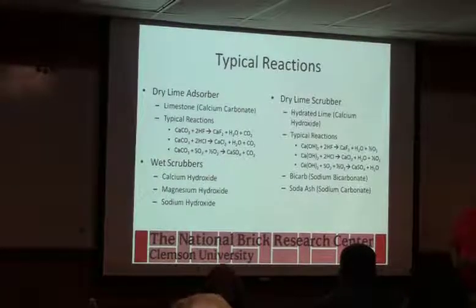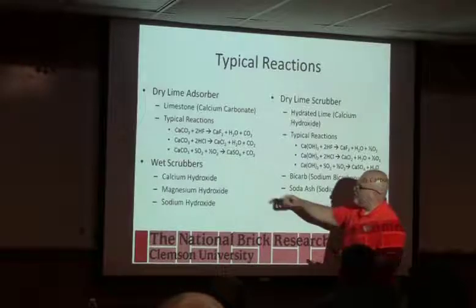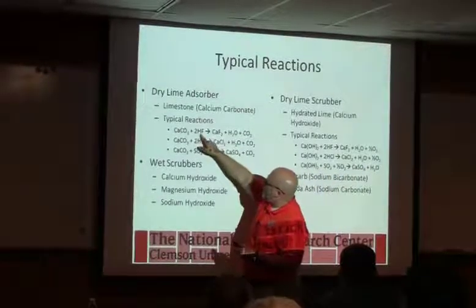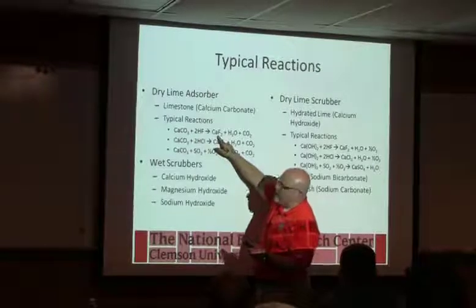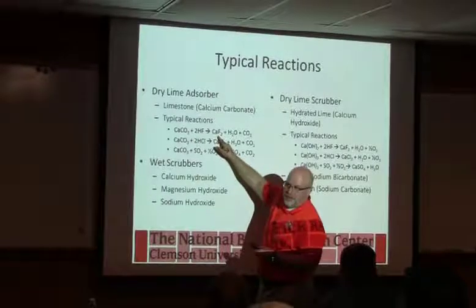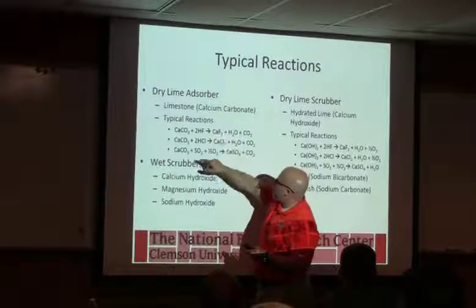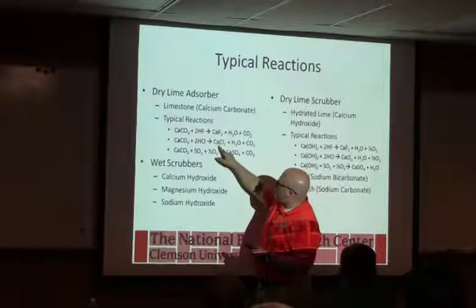So a lot of chemistry here. We won't really worry about it, but mainly if you've got a DLA, you're taking the HF out of the gas and you're making calcium fluoride that's not soluble. It's very stable and it just hangs around, and you can do with it whatever you want. Calcium chloride is soluble.